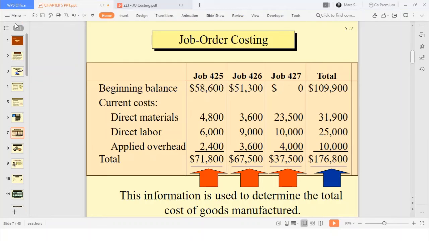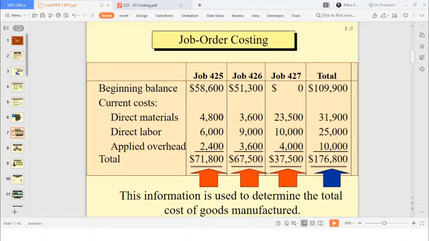Each job accumulates work in process, so if it is not yet finished, of course, it is still work in process. For example, as you can see here, jobs 425 and 426 crossed over periods because they have beginning balances. Those are work in process amounts from the previous period.